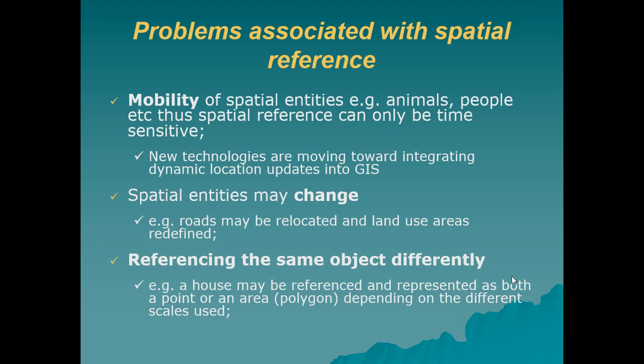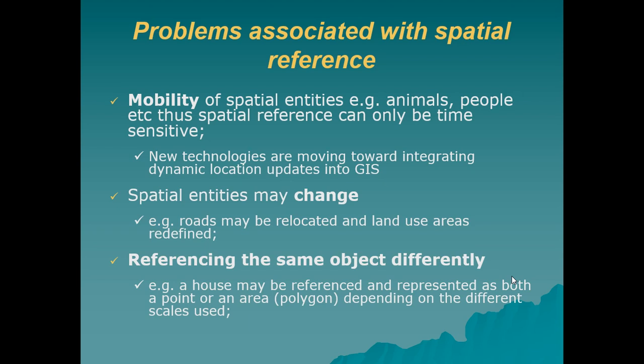Next, the referencing system could present a problem if the same object is referenced differently on different occasions. For example, you can have a house that may be referenced and represented as a point or as a polygon area. Now that can be applicable when you look at differences in scale.